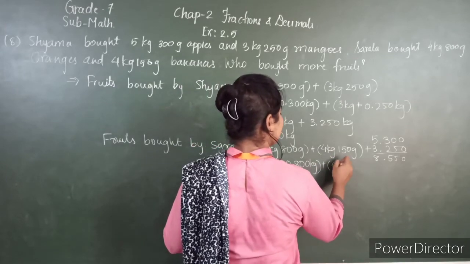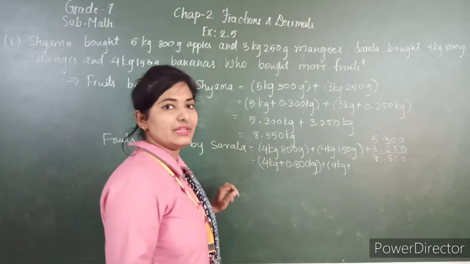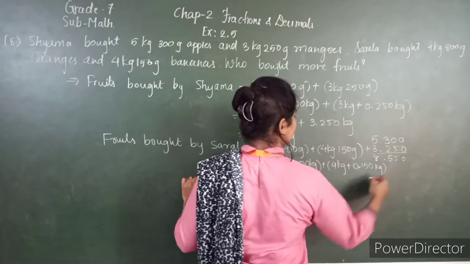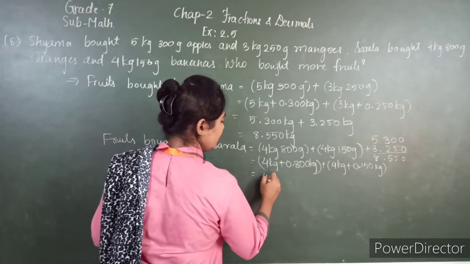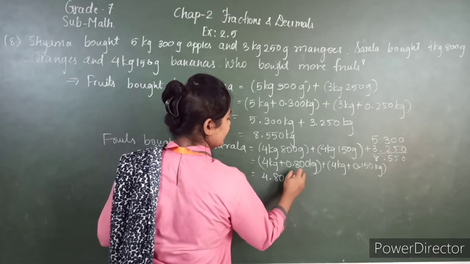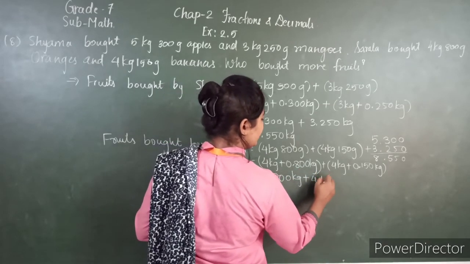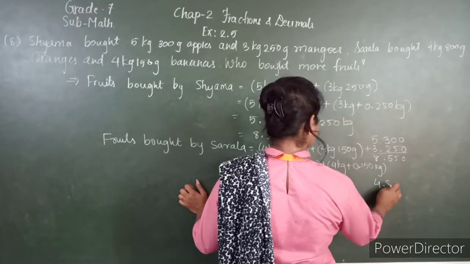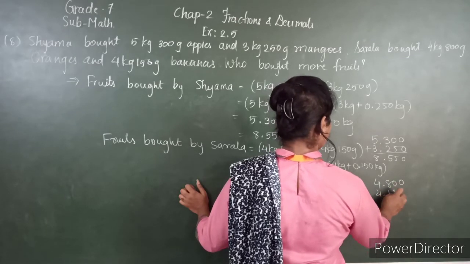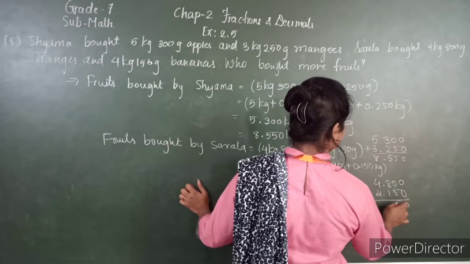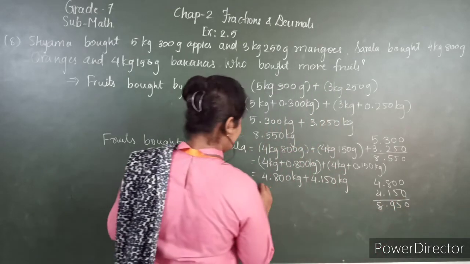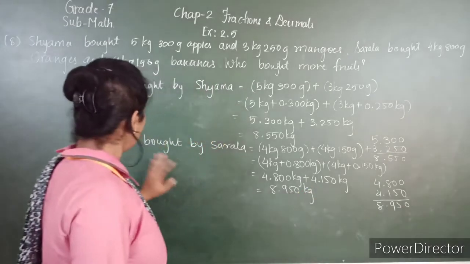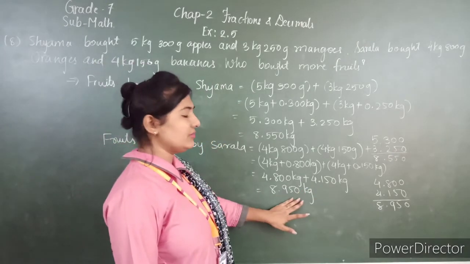Then 4 kg plus, if we convert this 150 gram into kg, then it is 0.150 kg. Now 4.800 kg plus 4.150 kg. Now we are going to add this. So it is 8.950 kg. So fruits bought by Sarla, that is 8.950 kg.